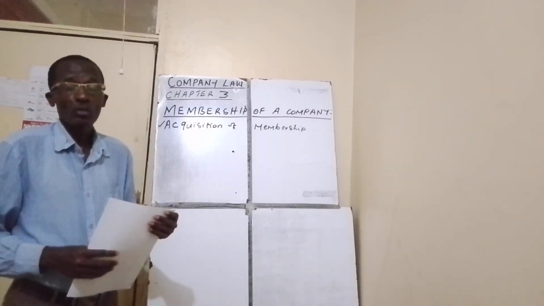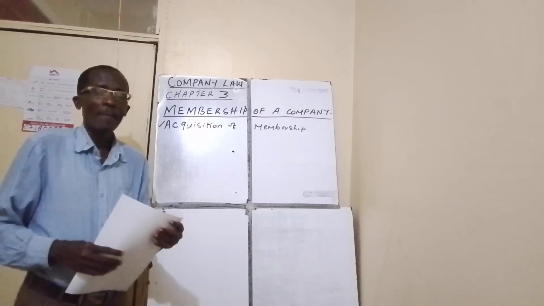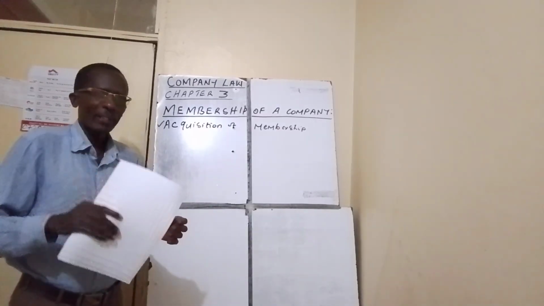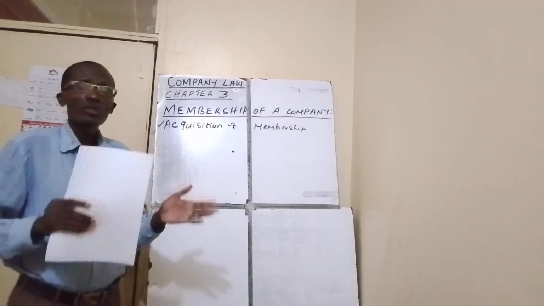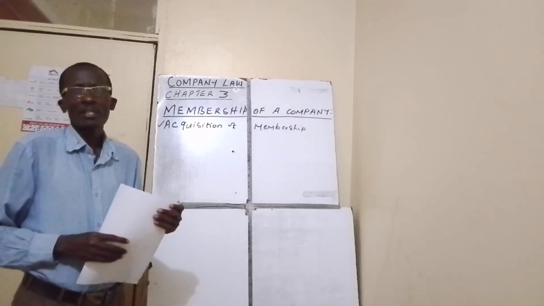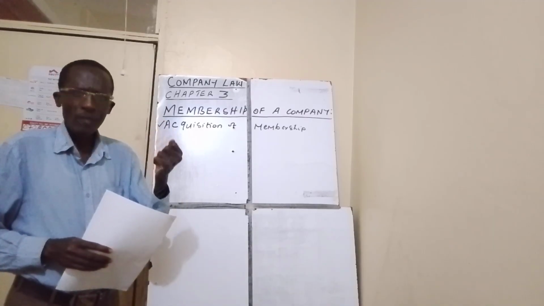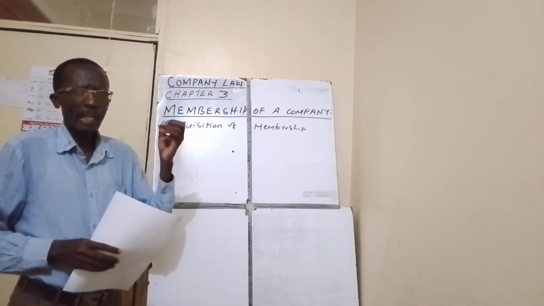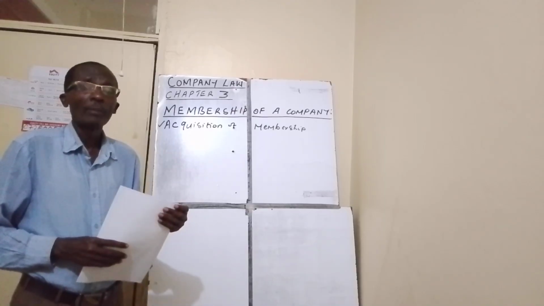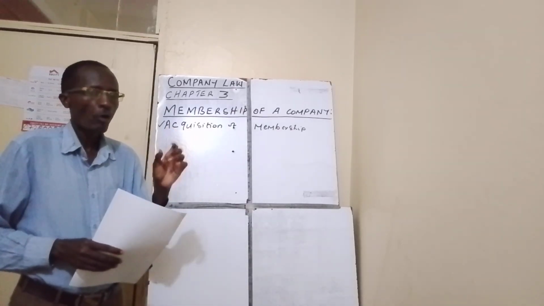The invitation is made through the prospectus, by the company to the members of the public to purchase the shares of the company. If you apply for these shares and you qualify, you are allotted these shares, and by so doing, you will become a member of the company.